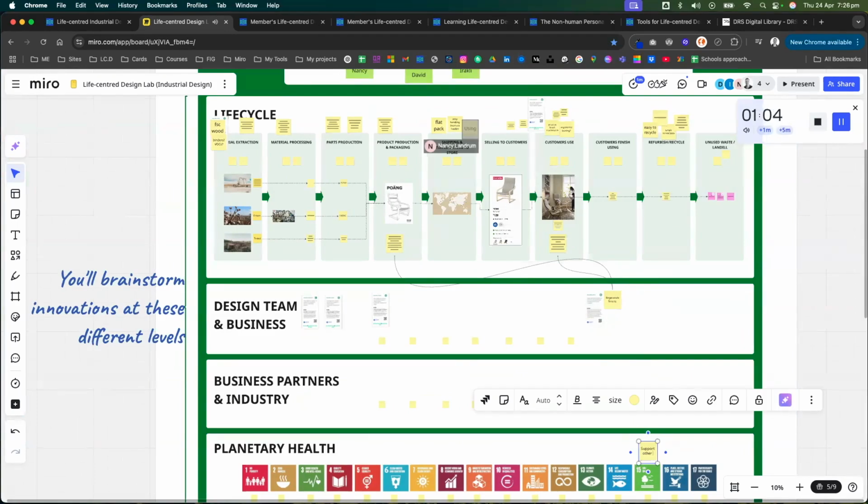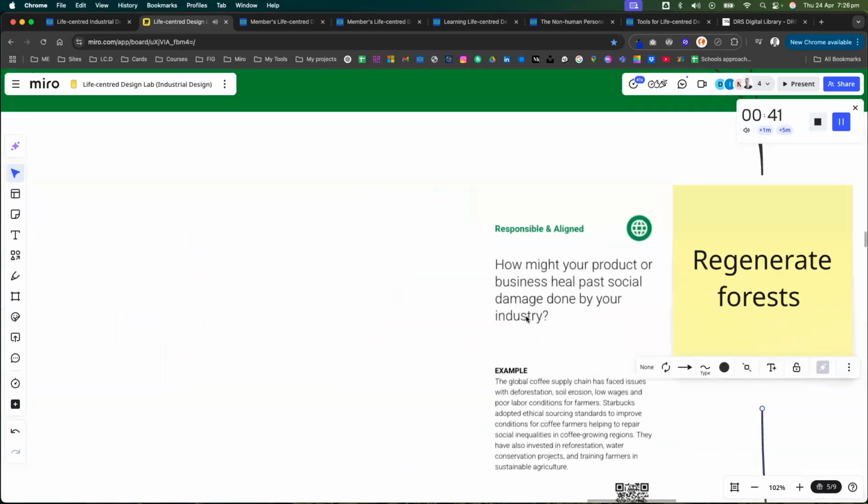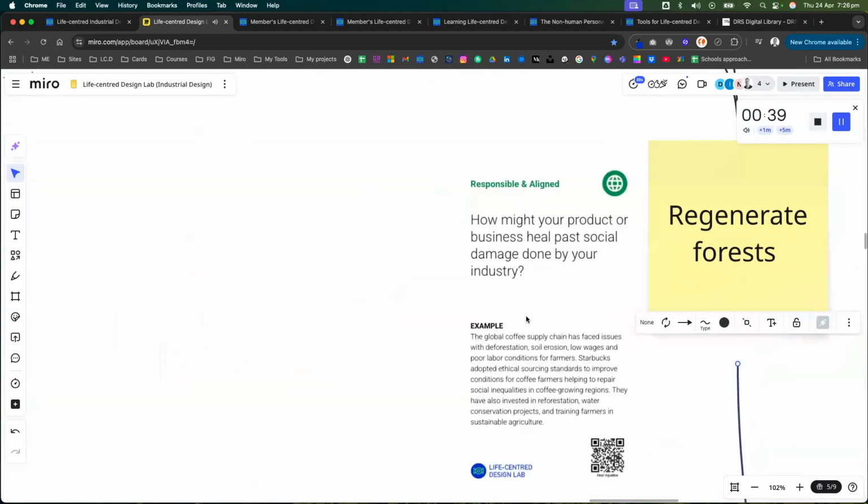Think about your card too, if you can relate it to a sustainable development goal and how the organization could support that goal. Someone here, how might your product or business heal past social and environmental damage done by your industry?